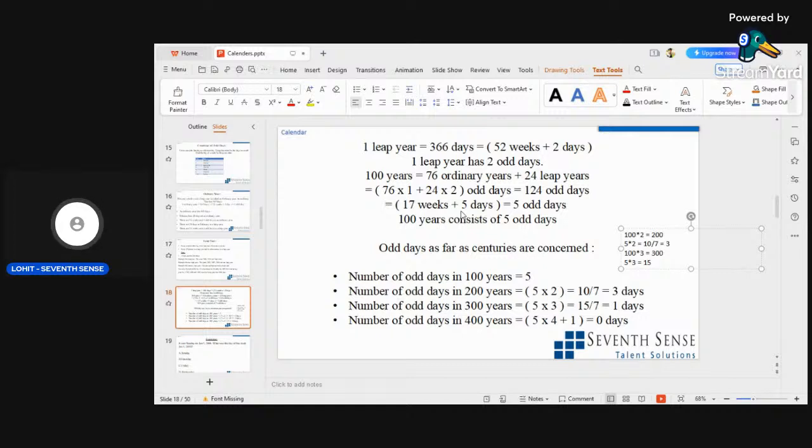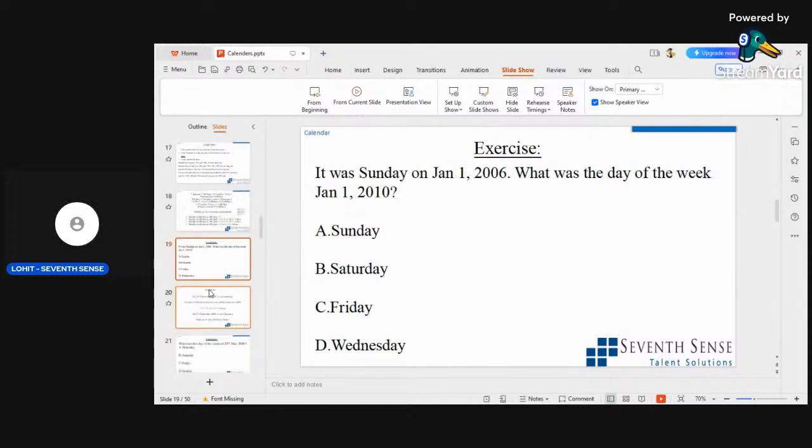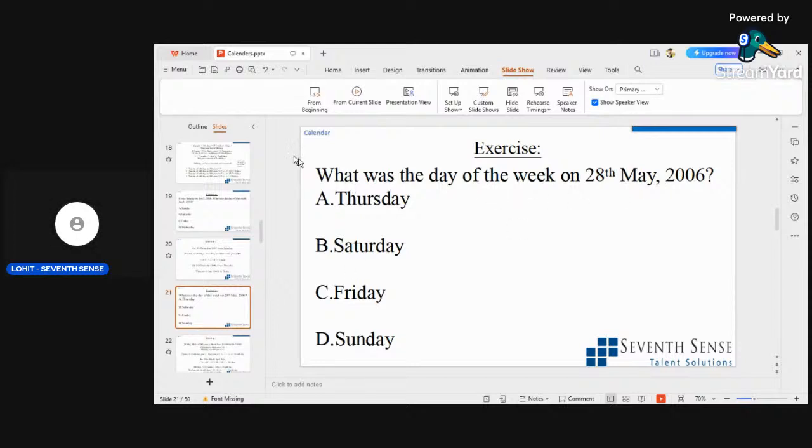Now let's solve some examples. Okay, let's see an example now. Suppose, we'll not take this one, we'll take this one. The date is 28 May 2006.